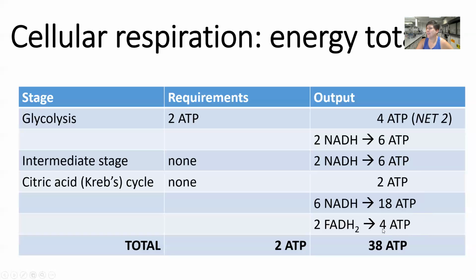If we add all of that together, that gives us 38 total ATP.